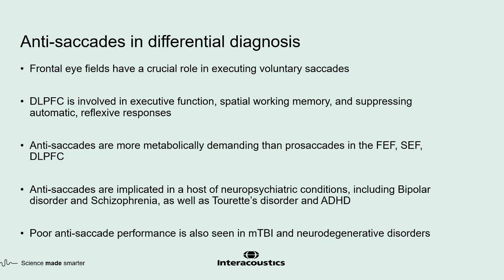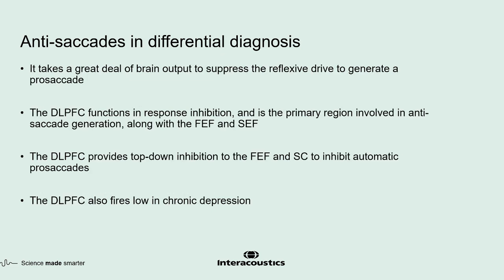This is considered to be a bedside test for a patient that's dealing with executive function disorders. Poor antisaccade performance is also seen almost inevitably in traumatic brain injury and in neurodegenerative disorders. It takes a great deal of brain output to suppress the reflexive drive to generate a pro-saccade.